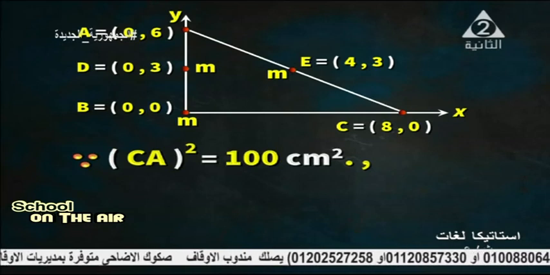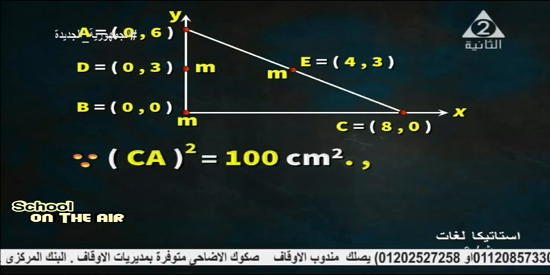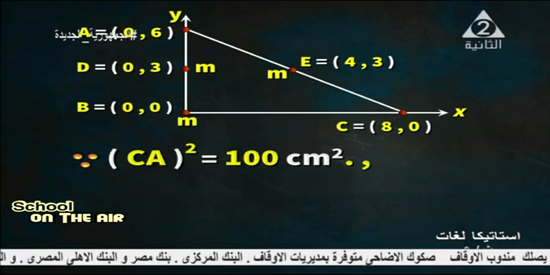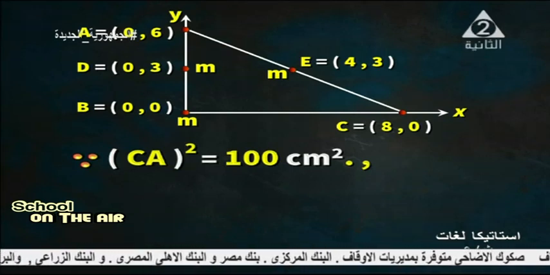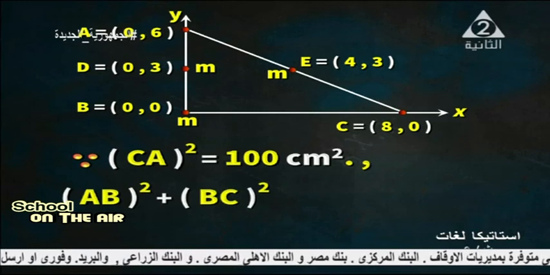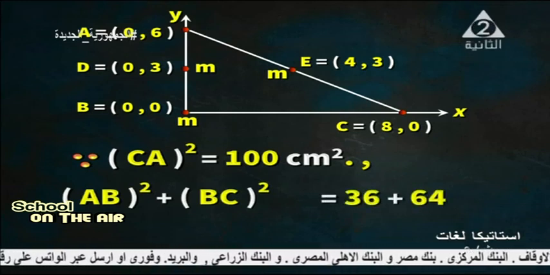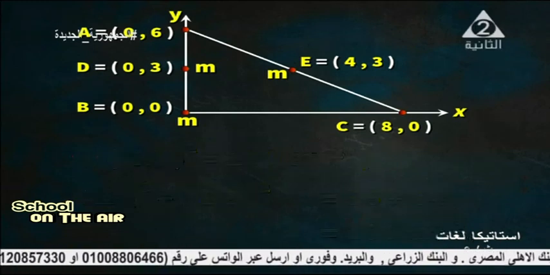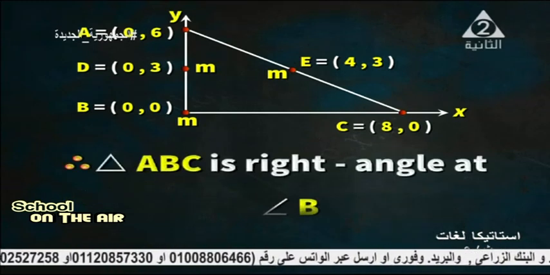CA equals the square root of 6 power 2 plus 8 power 2, equal 10. CA square equals 100, equal AB power 2 plus BC power 2, therefore equals 100 centimeter square.